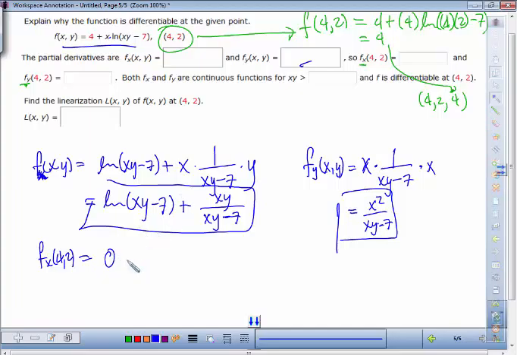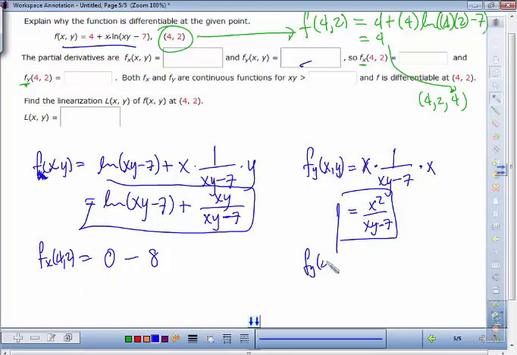So this is 0. And then now I have 4 times 2, what's 4 times 2? 8? I thought it was 16 for some reason. 8 over 1. Right? So negative 8 for that one.